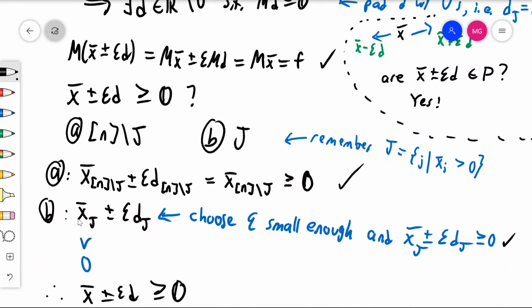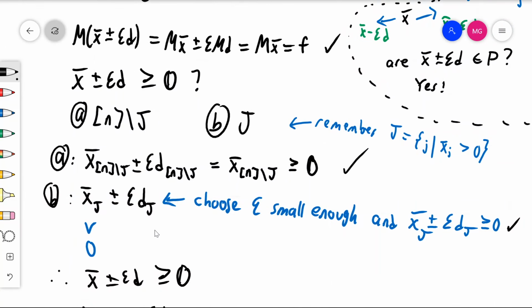Now, how about for the j components? That's case B here. It's x bar sub j plus or minus epsilon d sub j. The x bar sub j components are strictly positive, by definition of what j is, since these are the strictly positive components of x bar.